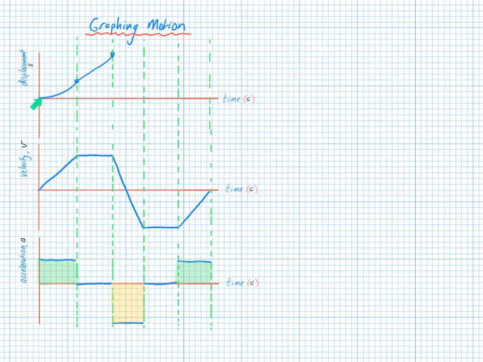So we're seeing in our displacement time graph a period of acceleration. Here the velocity is increasing. Here we see a period of constant velocity as shown by the straight line here. Next we're going to see another period of acceleration, so another curved segment.